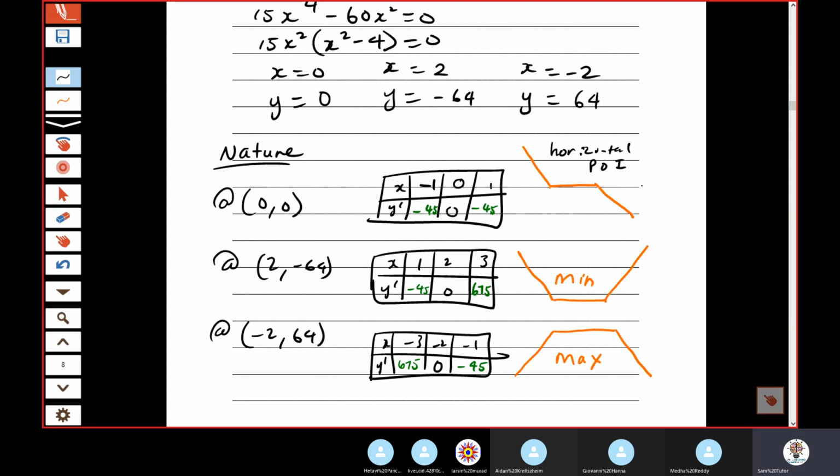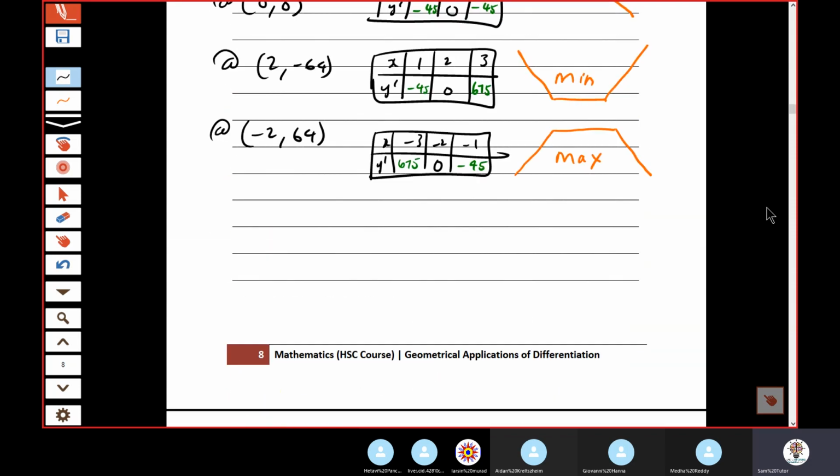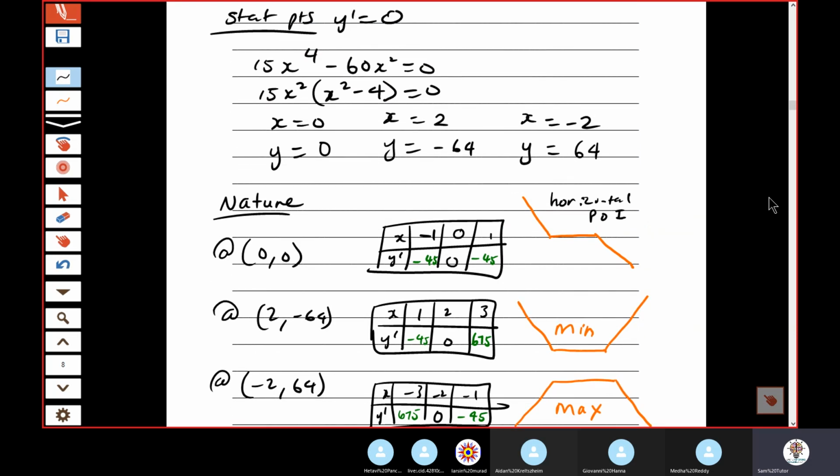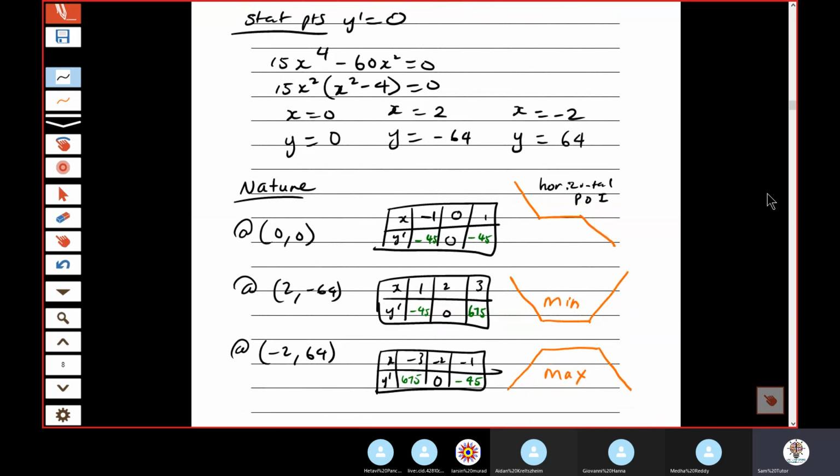The only mistakes I'm seeing is the algebra bit still, that factorizing stuff. Done? Let me know if you've got any questions. No? All good?